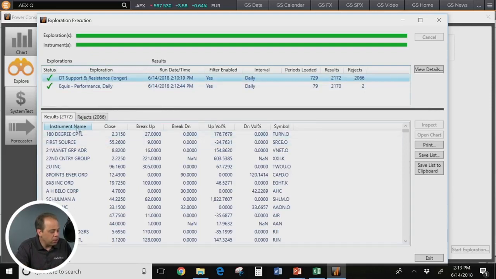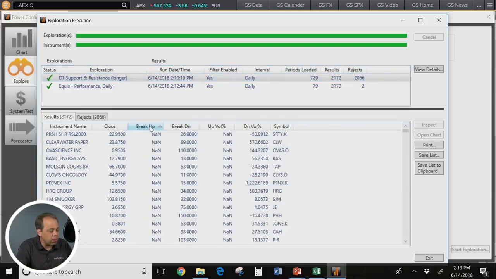Right now, what you're going to be able to see is there are 2,172 stocks that have come through as breaking through a support or resistance at some time in their history. 2,000 have been rejected. In other words, they didn't meet any definition of a longer support or resistance breakdown. Here you've got the name of the instruments, and if we wanted to find stocks that have broken up recently, let's say within the last couple of days, I can sort on this breakup column.